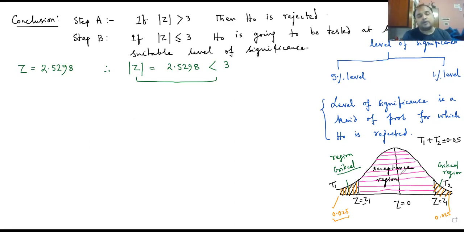So 0.05 level of significance is equivalent to a 95% confidence limit; one is in contrast with the other. 0.05 level of significance is in contrast with 95% confidence interval.